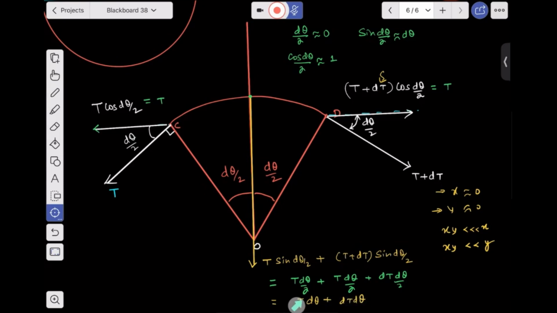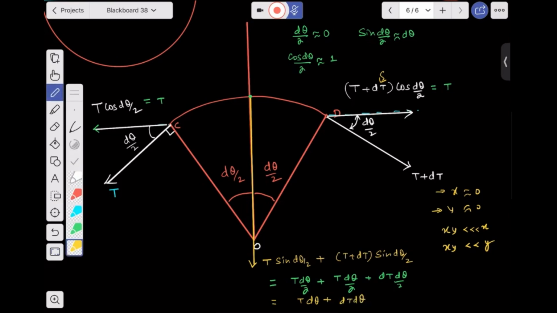Here T is finite and dθ is very small, but dT and dθ are both infinitesimally small, so their product can be neglected with respect to T dθ. So it will be T dθ. And the normal contact force acts radially outward. Suppose it is dN here.